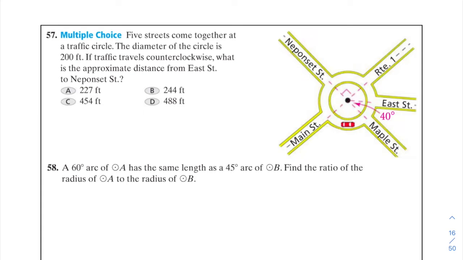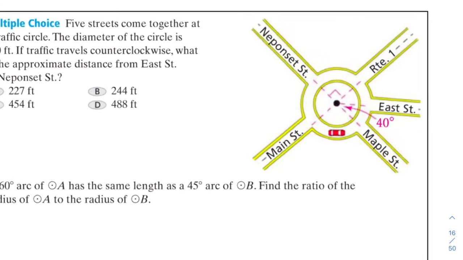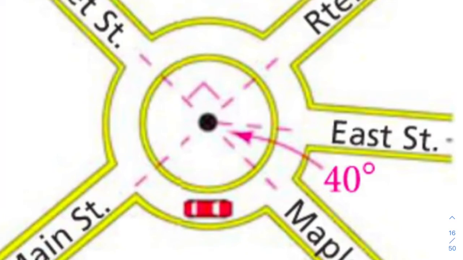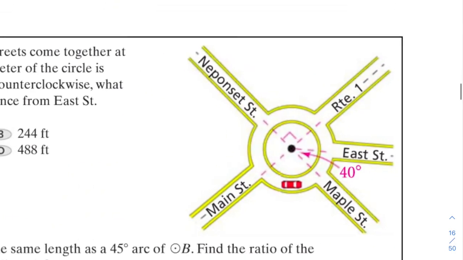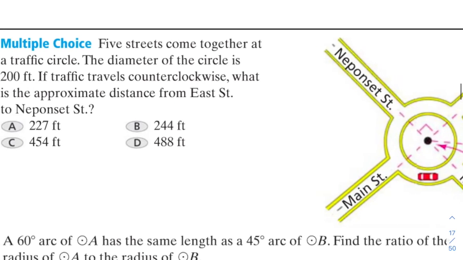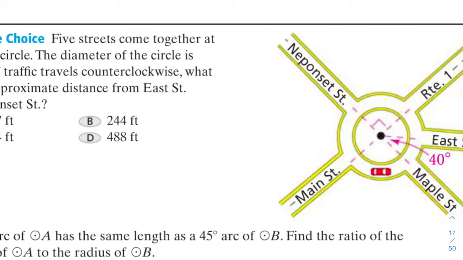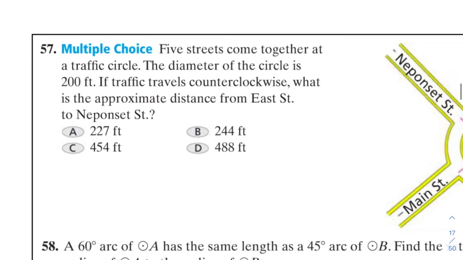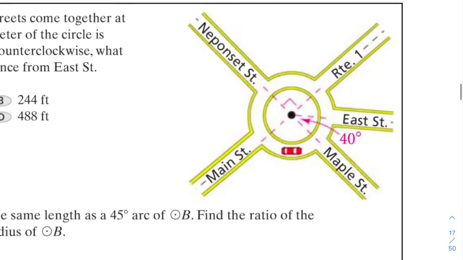So it looks like we're going to label the diameter of the circle as 200, from East Street to, okay, I just want to make sure.